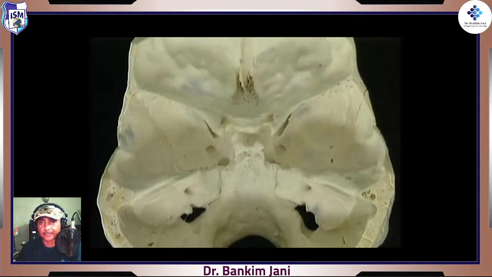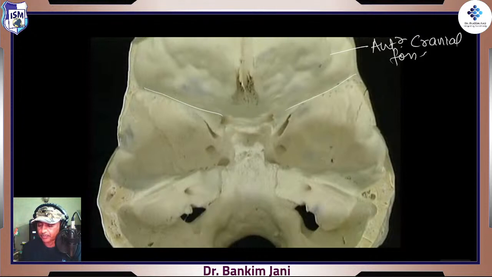Now see, the anterior is this, right? This is anterior cranial fossa. Now this in between, this entire bone, right? That is the sphenoid, and that is sphenoid.